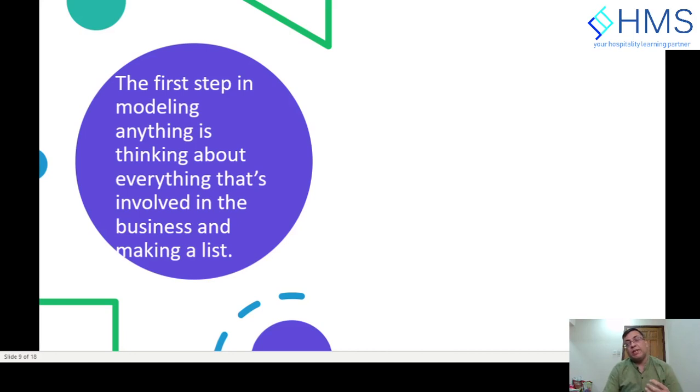So the first thing you need to understand about the business is to follow the business model concept. You need to understand what goes into the product, meaning what the recipe is, how you're going to make the product or services, where the raw material is coming from, who the main suppliers are, what the normal prices are, and what the composition of the different items in the product is.